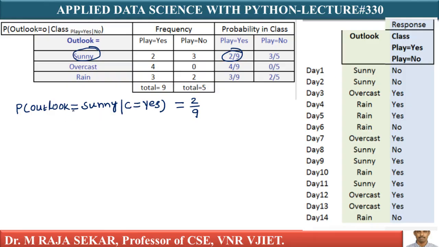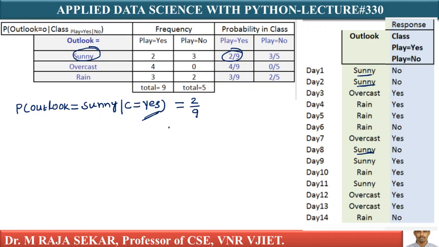Just see this one. Outlook equal to sunny, but I need class label yes, and this is no. This is probability of Outlook equal to sunny, but your class label is no, and I need class label equal to yes. Probability of Outlook equal to sunny with class label no, I don't want.